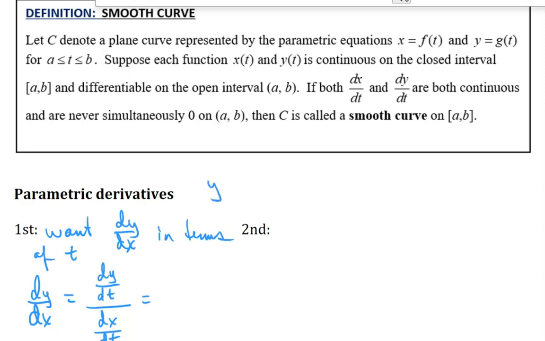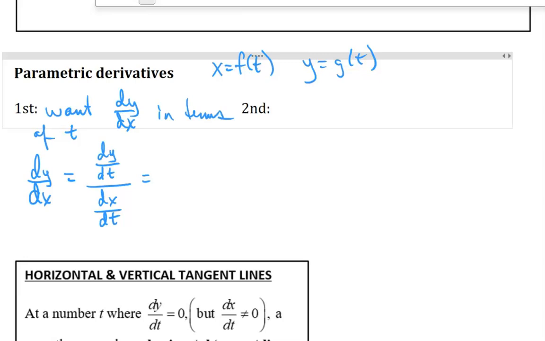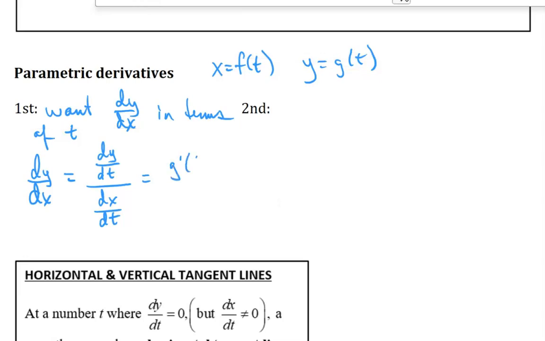So if x equals f of t and y equals g of t, this is the same as g prime of t over f prime of t. Okay, so if I want dy over dx, but it will be in terms of t, I need to do the derivative of the y function with a variable t over the derivative of the x function with a variable t. Okay, that one is pretty straightforward.